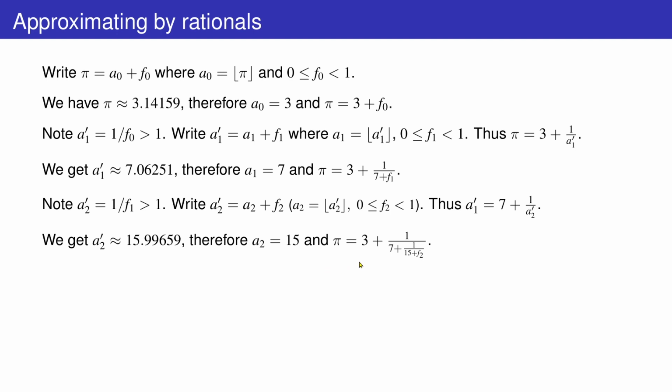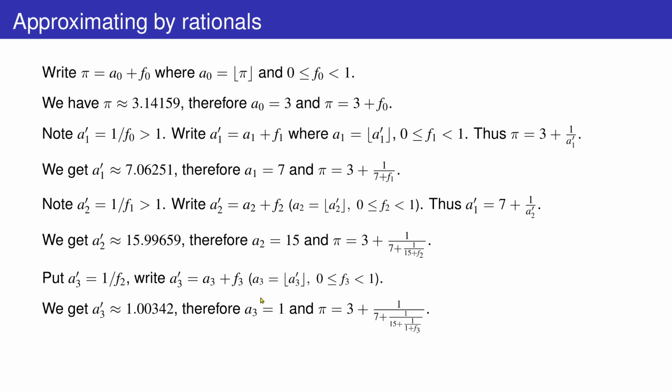So we can combine that with what we found earlier and see that pi is 3 plus 1 over 7 plus 1 over 15 plus some other little bit, this new fractional part f2. Again, this is less than 1, and so we can take its reciprocal, repeat the process, integer part of now a3 prime, which we calculate to be, well, a3 prime is approximately a little bit over 1, and so its integer part is 1, and we can write pi now as 3 plus 1 over 7 plus 1 over 15 plus 1 over 1 plus some small bit.